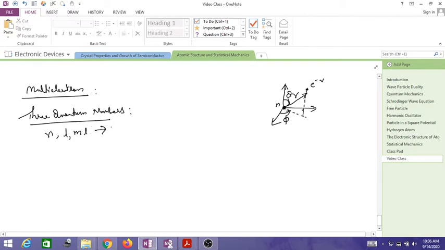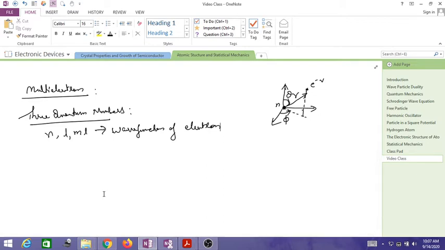So Schrödinger has represented the electron with the help of n, l and ml, the quantum numbers, to specify the wave function of the electron. The quantum number is very important because it provides the spatial distribution of an electron.